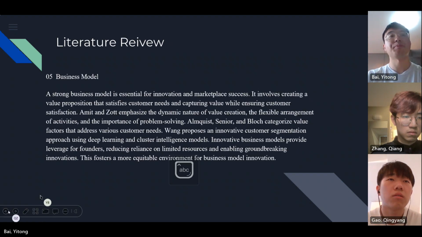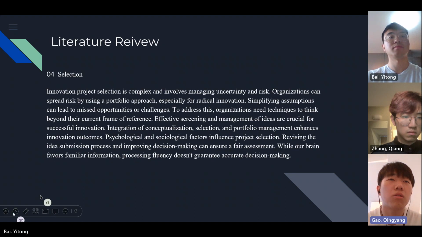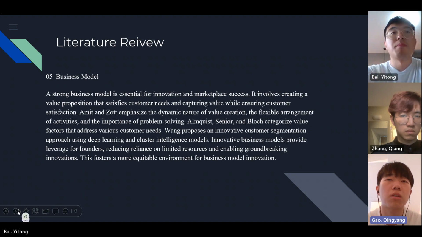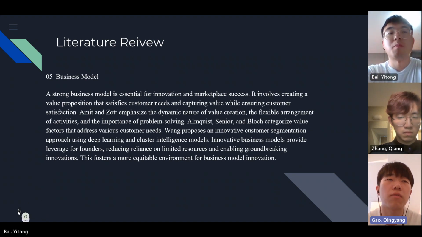And the business model part of the literature review talks about how a strong business model is essential for innovation and marketplace success. It involves creating a value proposition that satisfies customer needs and capturing value while ensuring customer satisfaction. Amit and Zott emphasize the dynamic nature of value creation, the flexible arrangement of activities, and the importance of problem solving.